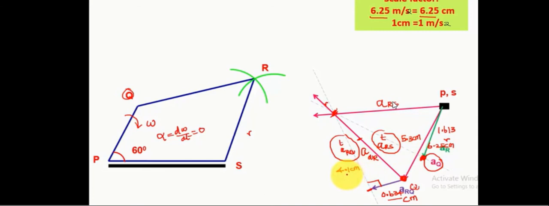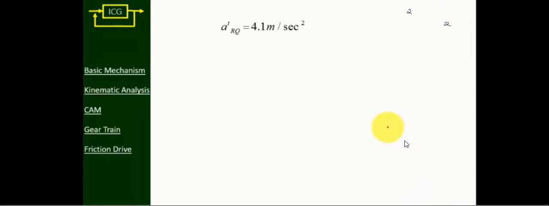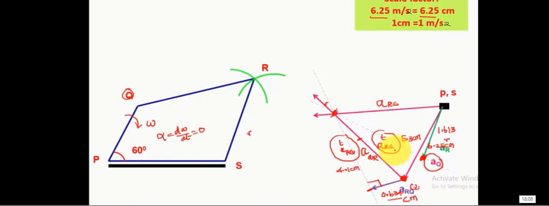So ATRQ you got as 4.1 centimeter and the other one we got as 5.3. According to the scaling, you can convert it into acceleration now. So ATRS will be 5.3 meter per second square, and the other one will be 4.1 meter per second square.